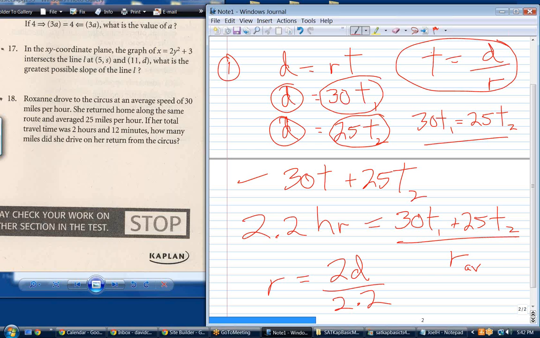So for R, I got to put 2 times D, which is this plus that, all over, it doesn't do any good. Hold on one second. All right.